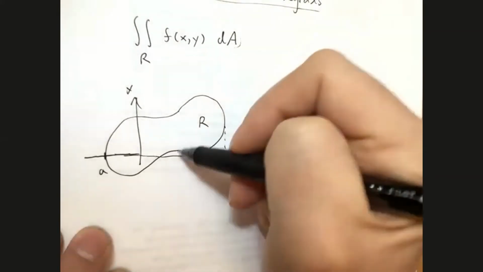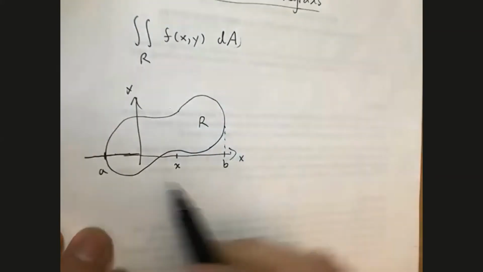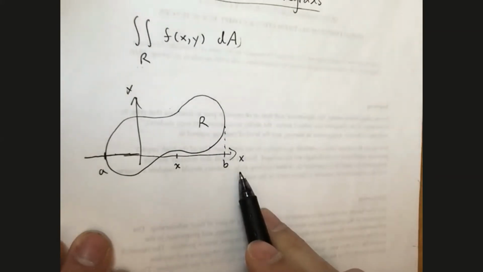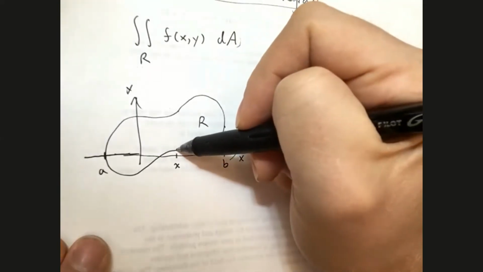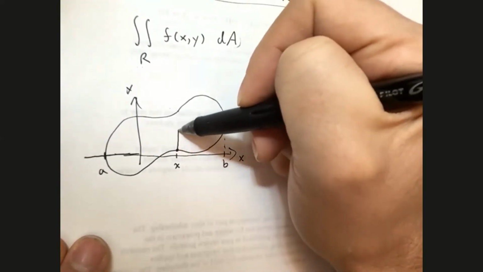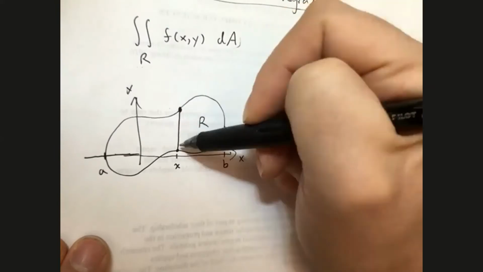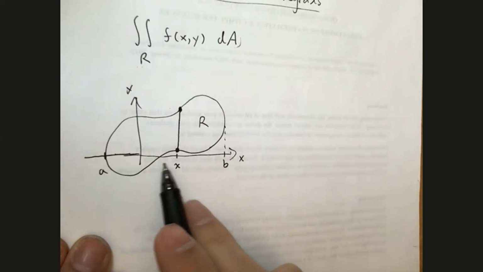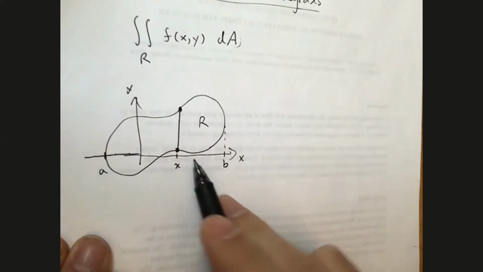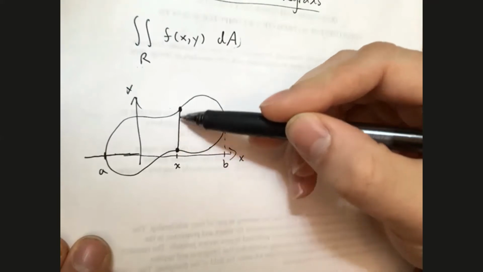And for each value of x, if I take any x in that interval, I can find an interval of y's that goes from the bottom of my region to the top of my region. So for each fixed x in this interval, y spans an interval.